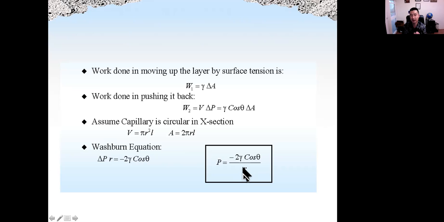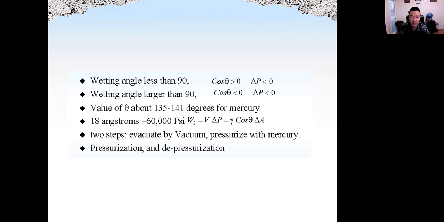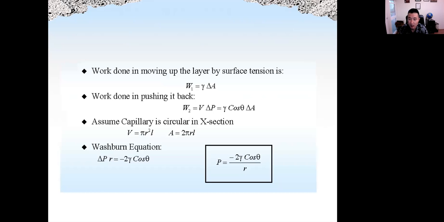So R is the radius of the pores. Theta is the contact angle of the liquid. For mercury, the angle is fixed at a certain temperature, around 135 to 141 degrees.